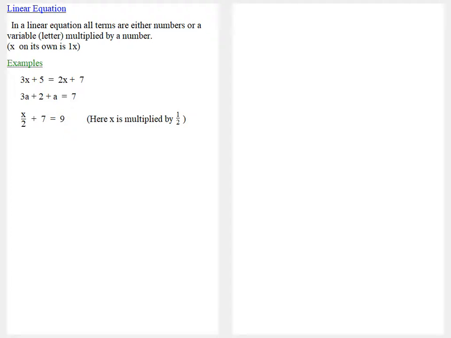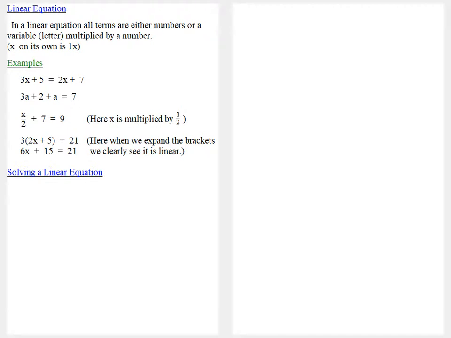Here x is multiplied by a number, it's multiplied by a half. 3 into 2x plus 5 equals 21. And here, if we expand the brackets, we get 6x plus 15 equals 21. And then we can see clearly that it is a linear equation.